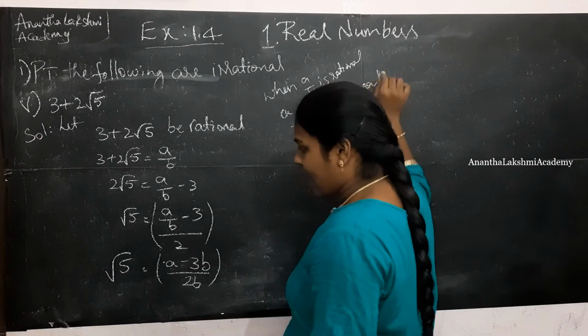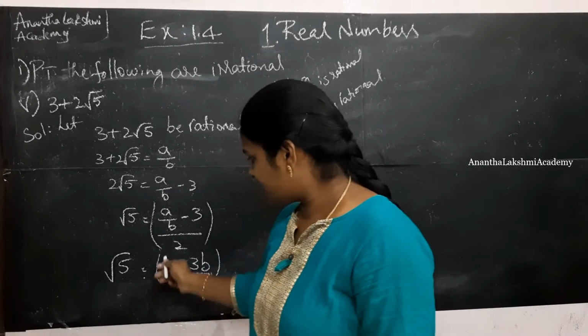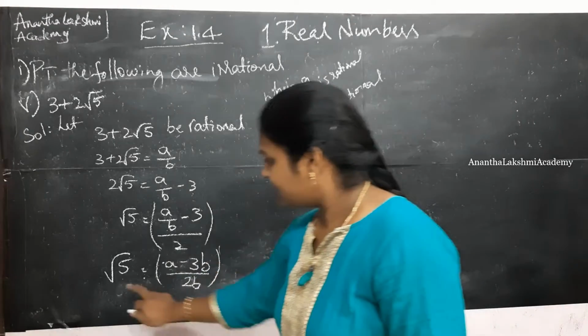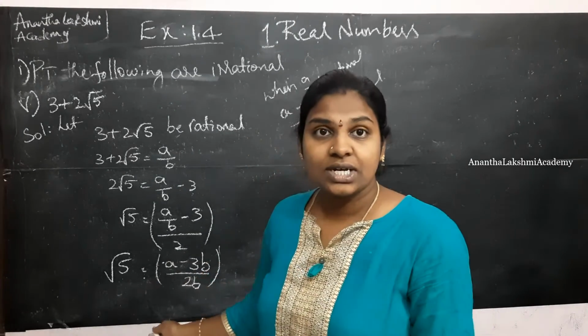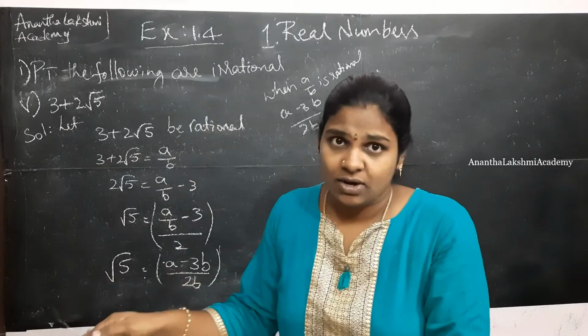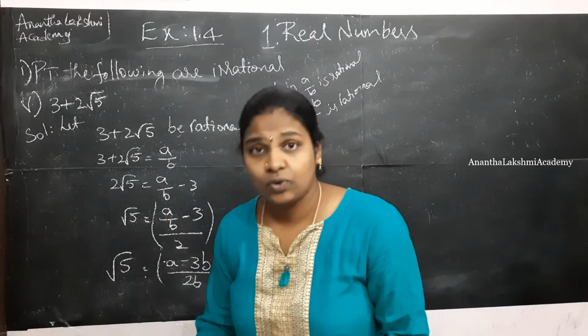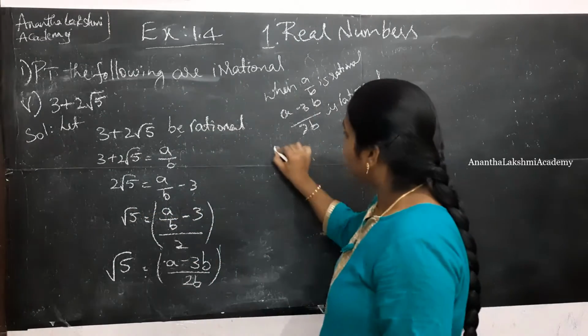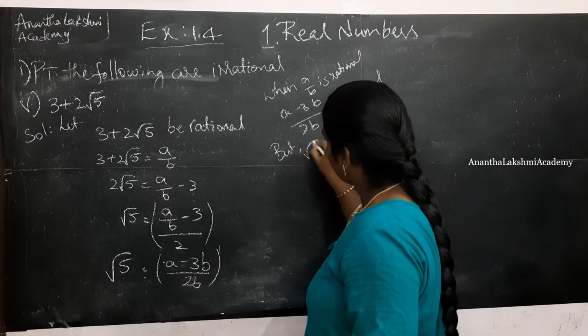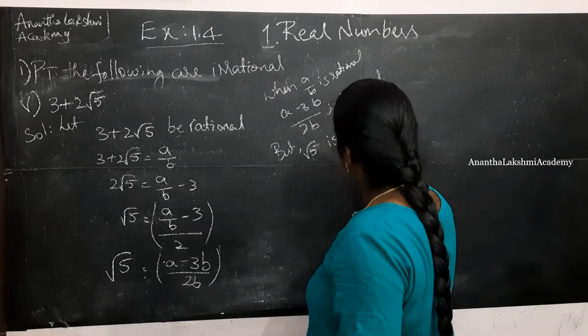So, as per that, root 5 is equal to something which is rational, which indicates that root 5 is equal to rational. But in the very beginning of this exercise, when I was solving the fourth problem, we figured out that root 5 is irrational.